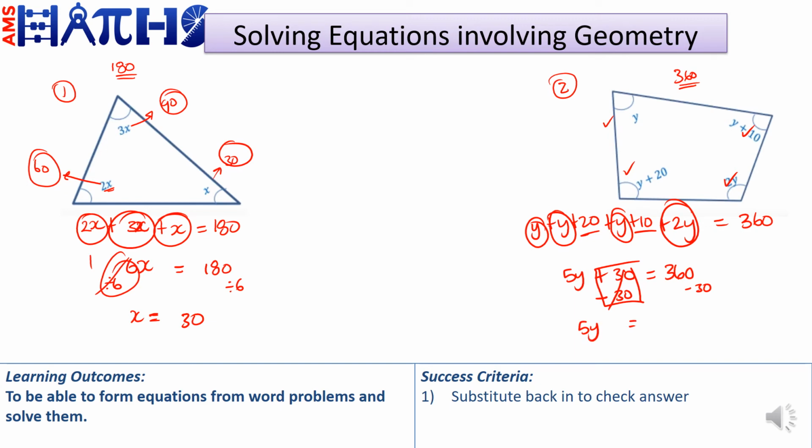And then 360 minus 30 is 330. Then we divide both sides by 5, and then we can work out y. 5 divided by 5 is 1, so we're left with 1y, and then 330 divided by 5 is 66.